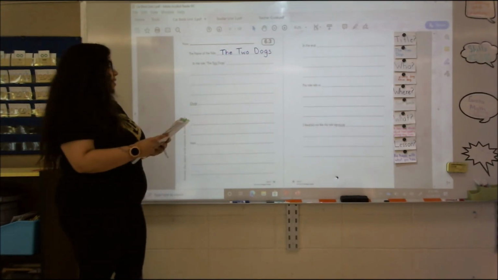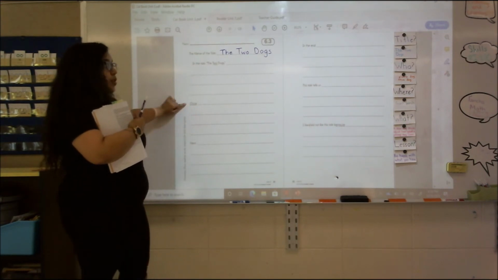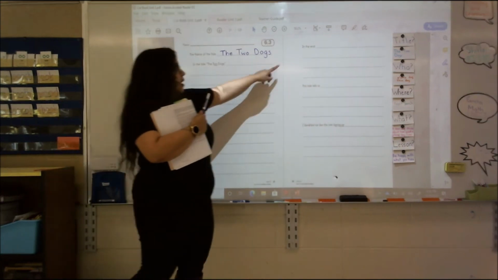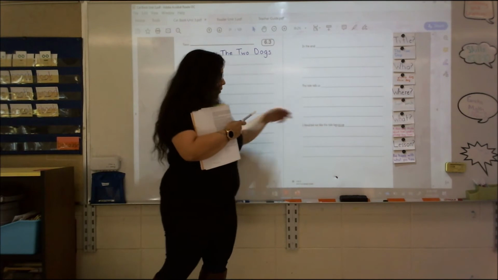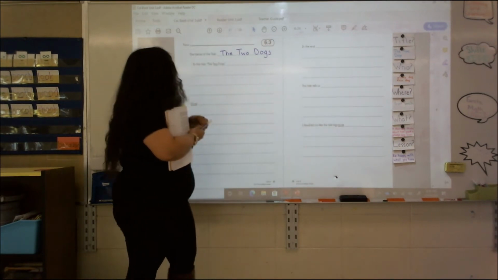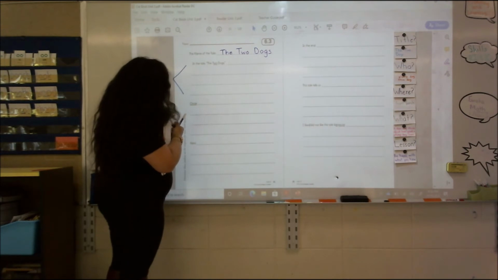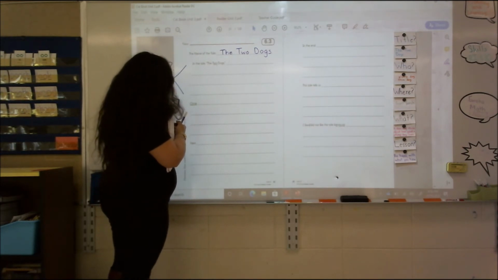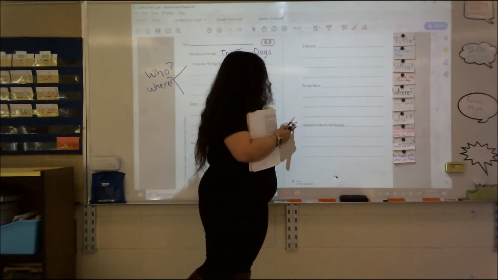And they have set us up. Now, I want you to pay attention here. Before once, which is the beginning of the story, once, next, in the end, the tale tells us. So this is all the what. In writing this part here in the tale, The Two Dogs, this is where we need to answer the questions who and where. And then this is part of what makes it a book report.